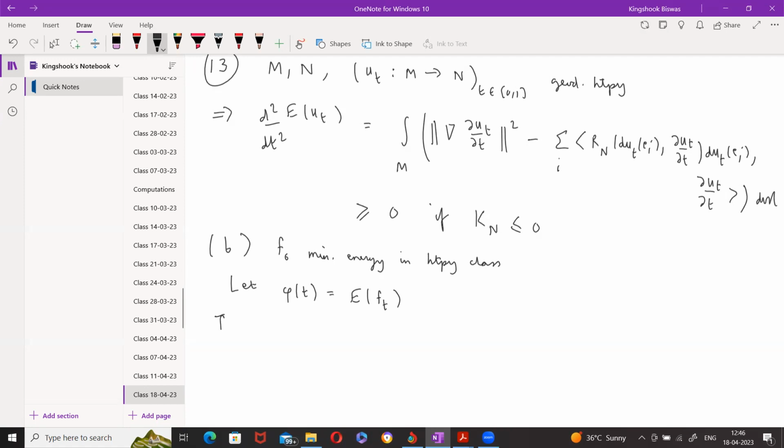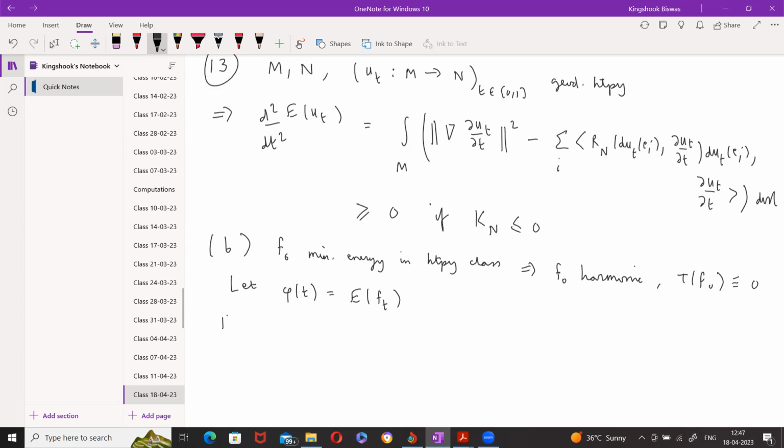Since F0 has minimum energy in its homotopy class, F0 is harmonic, so tau F0 is identically 0.